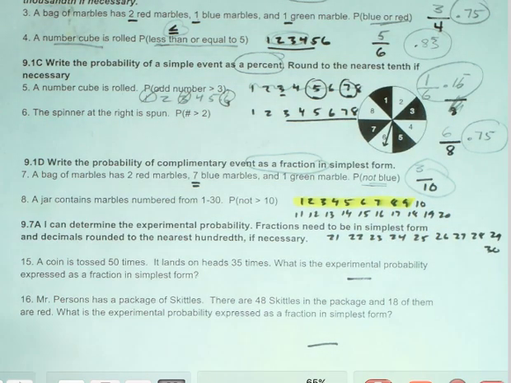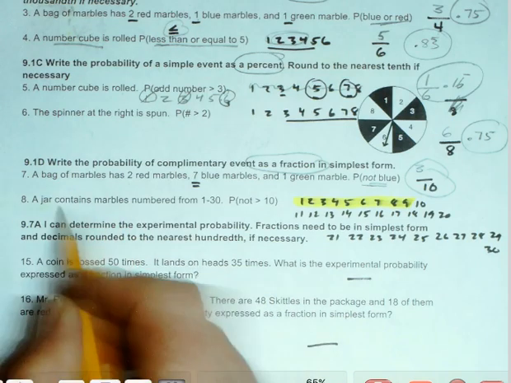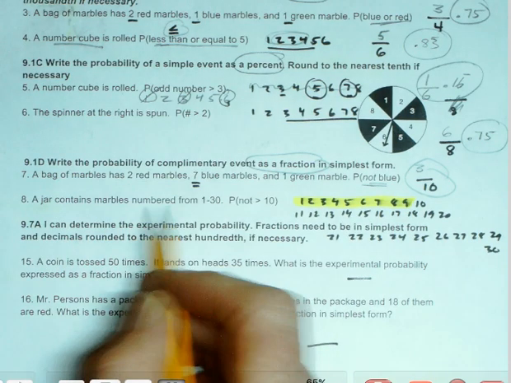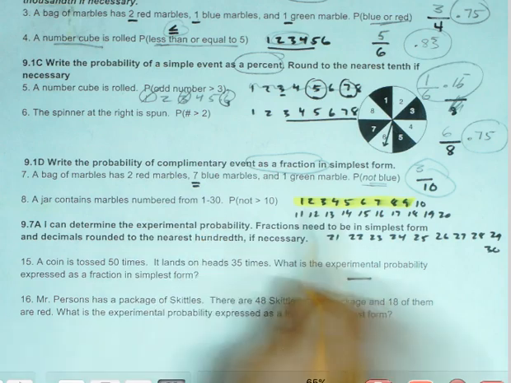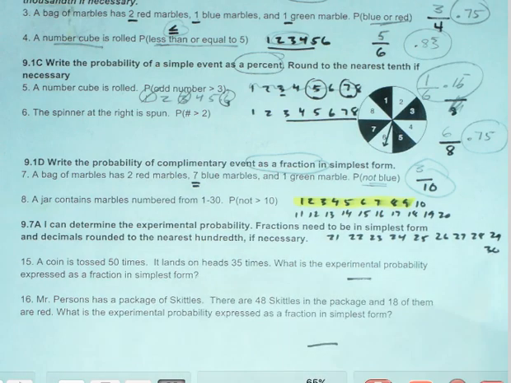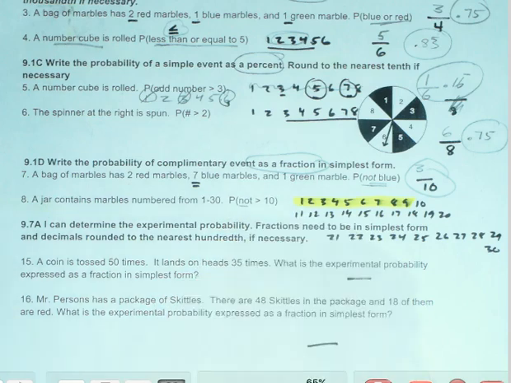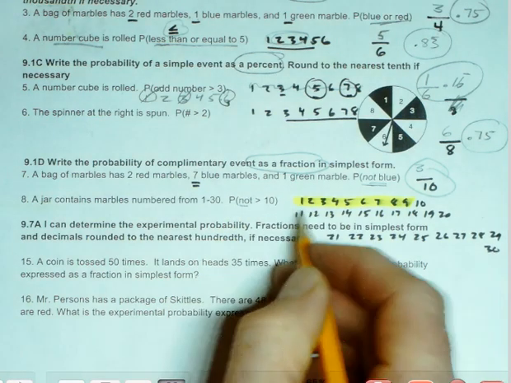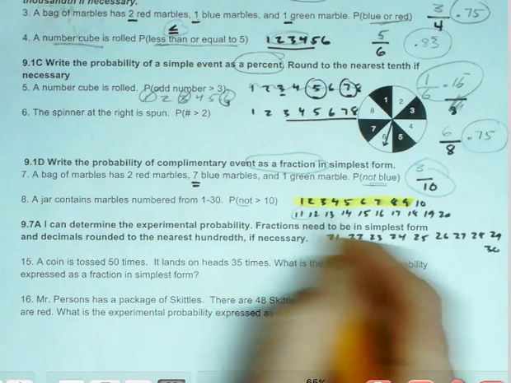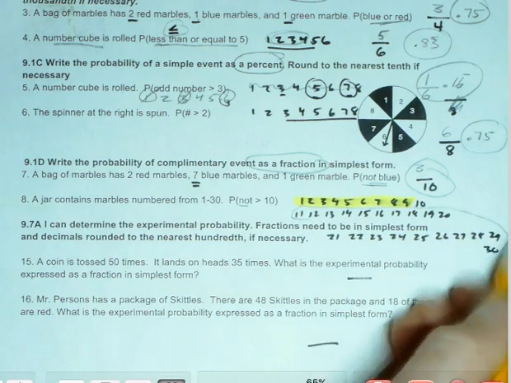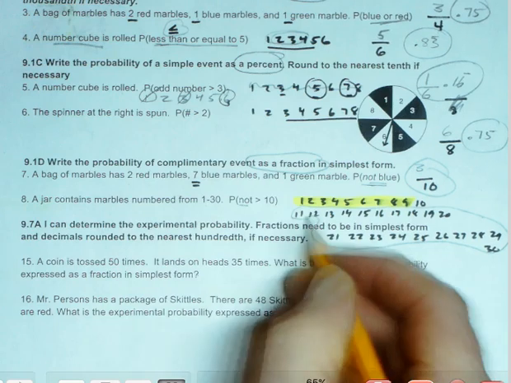All right, this next question here. A jar contains marbles numbered from 1 to 30. And so I numbered everything out here, 1 through 30. So those are my 30 marbles. We're looking for the probability of it not being greater than 10. Well, all of these numbers here that I'm circling, they're all greater than 10.